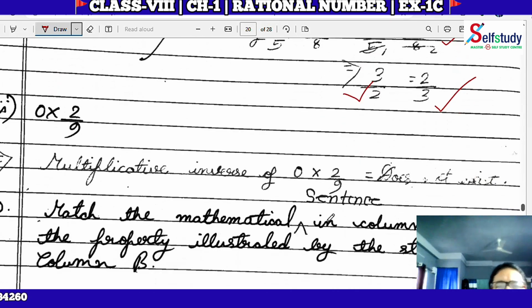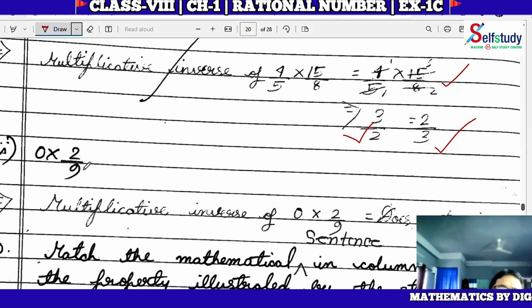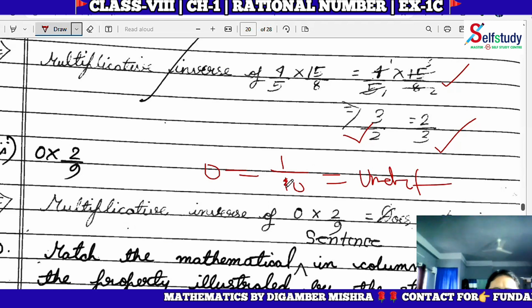As per your classroom, the teacher says that you only do whatever answer is given in the book, and accordingly you can write the answer. Both are correct. 0 upon 0 multiplied by 2 upon 9 is 0, and we know that the multiplicative inverse of 0 will be 1 upon 0, and this is undefined, so it does not exist.